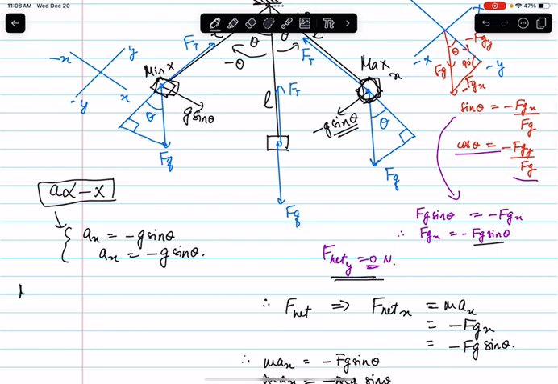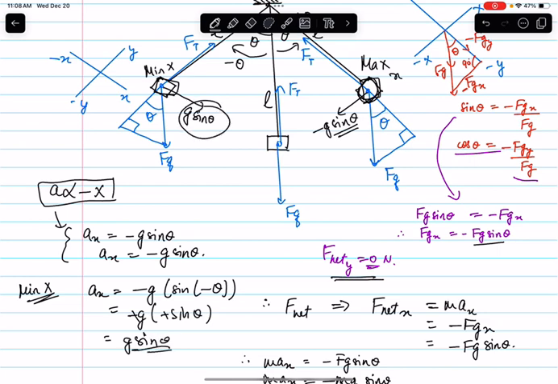But in your min x position, the acceleration in the x direction is negative g sine of negative theta. So this just becomes negative sine of theta, and these two cancel out, so you get g sine theta, which is what we got over here. So that's one result we have seen, that the acceleration is proportional to negative x.